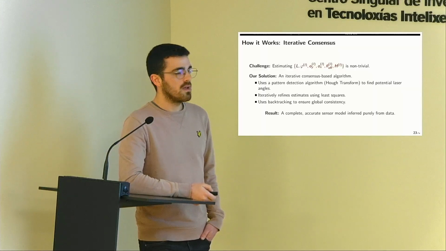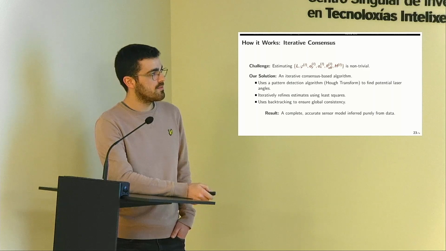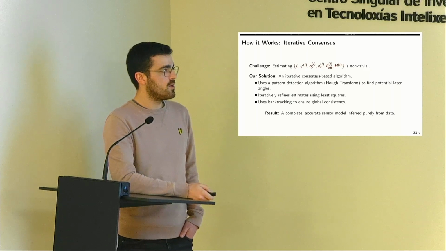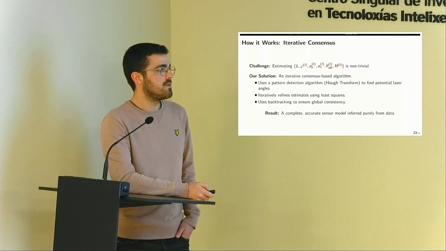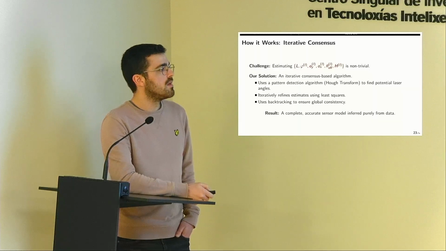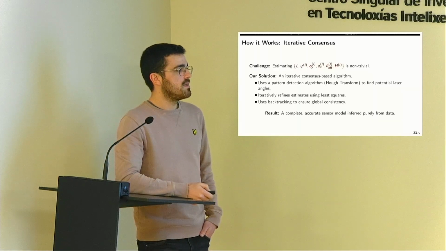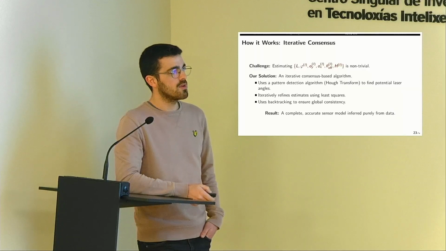And our solution is an algorithm that estimates this. I will not go into details because we don't have time for that. But basically, the way it works is through an iterative consensus-based process that leverages the Hough transform. The people that work in computer vision might recognize this method. It then iteratively refines the estimates, and it uses a tracking mechanism to ensure consistency.